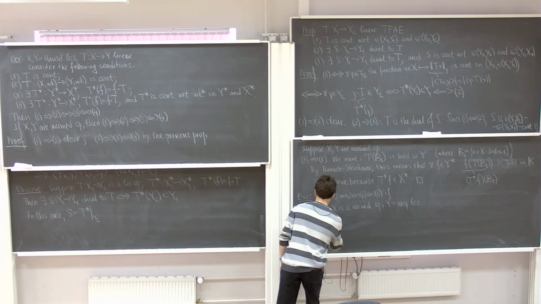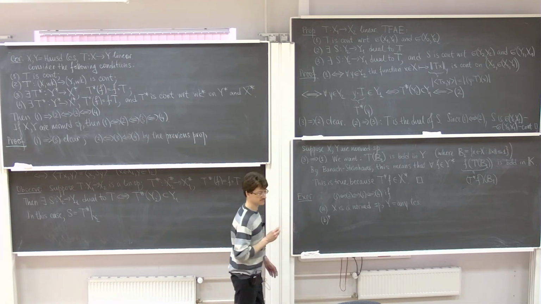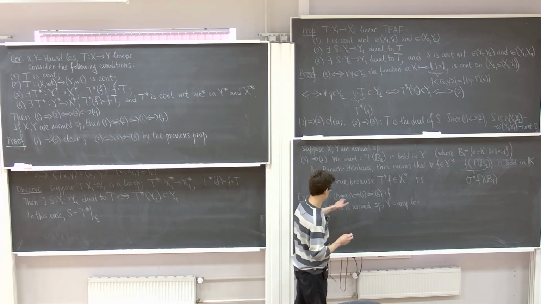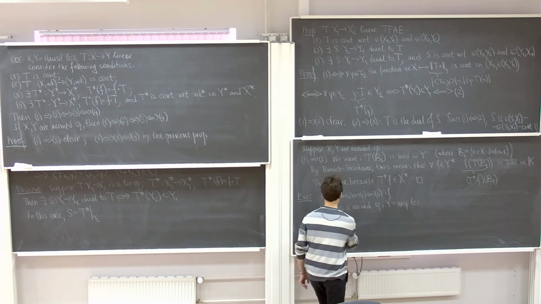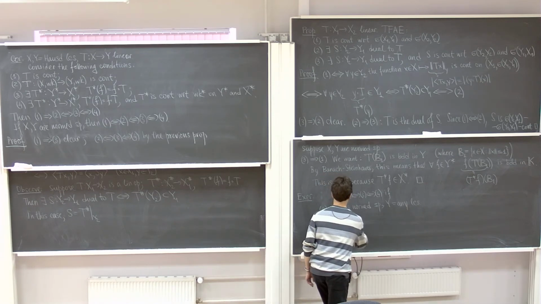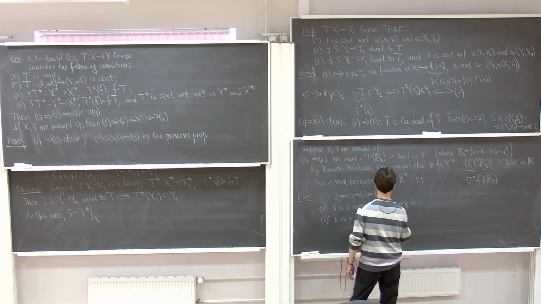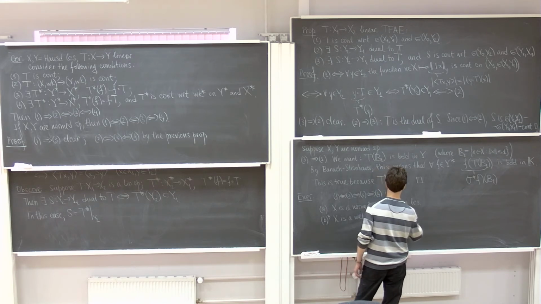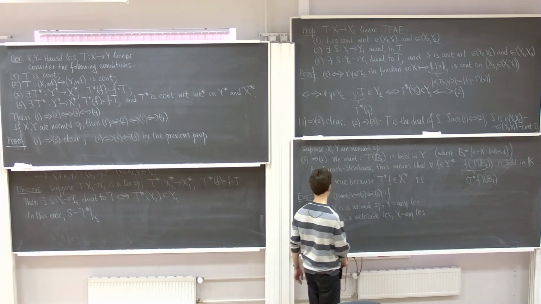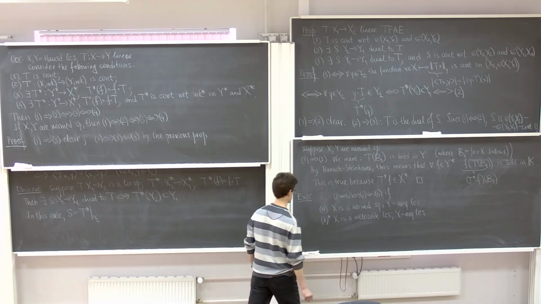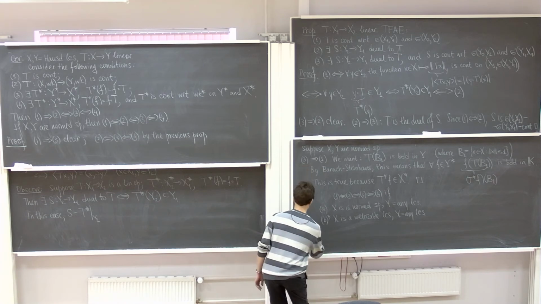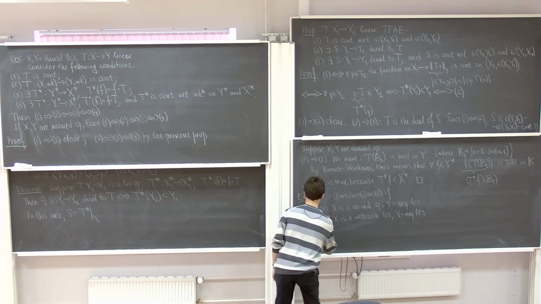But this can also be generalized. This is exercise B, which is a bit harder. These conditions are equivalent if X is a metrizable locally convex space, and Y is any locally convex space. But in the general case, this is also an exercise.